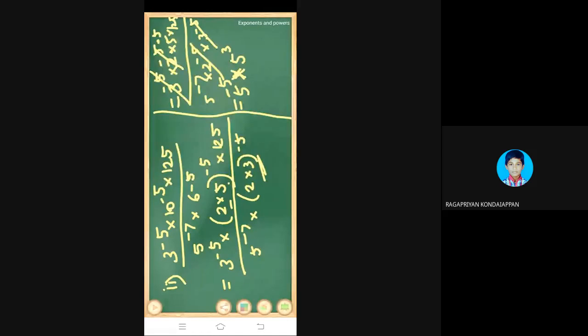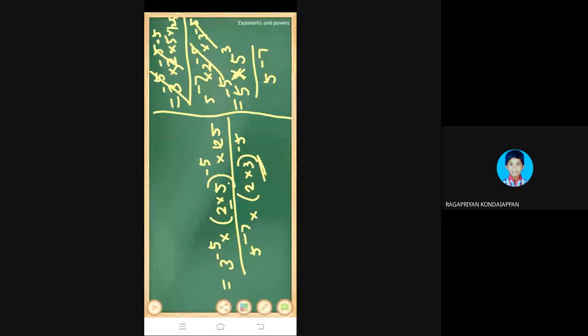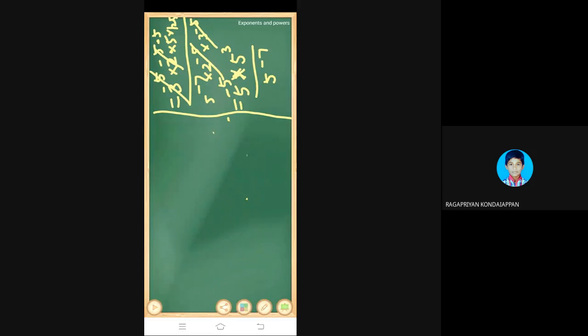And the denominator is 5 power minus 7. Now how will you do this? We can take 5 as common and write 5 power minus 5 plus 3, by 5 power minus 7.